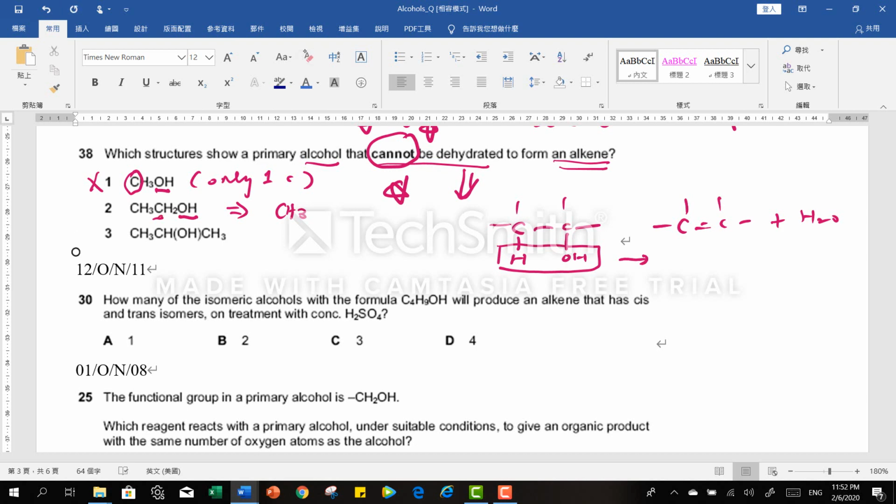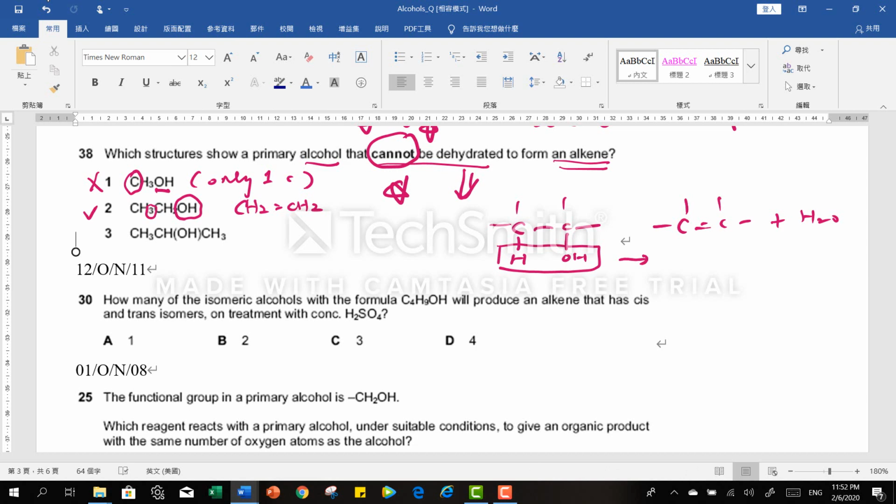Okay, sorry. You can get one OH from here and one H from here. So you will get ethene, right? Dehydration occurs. So this is not the answer. And then cannot, so you pick the first one.